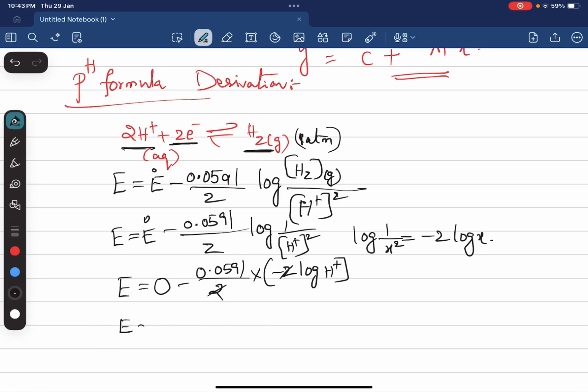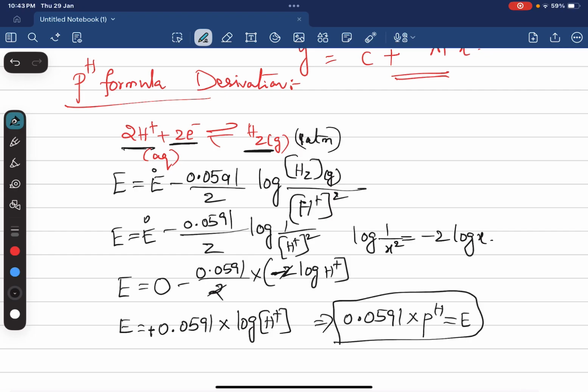So E equals 0 plus 0.0591 into log H plus. Which can be written as, because minus into minus will be plus, that's why we are writing like this, 0.0591 into pH we can write, which equals E. This is the final equation which we get.